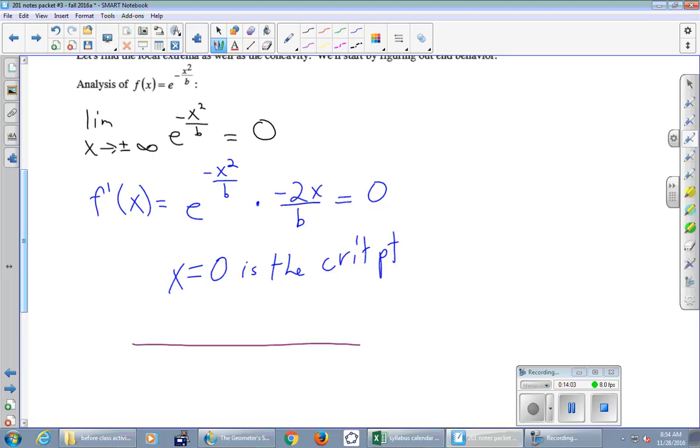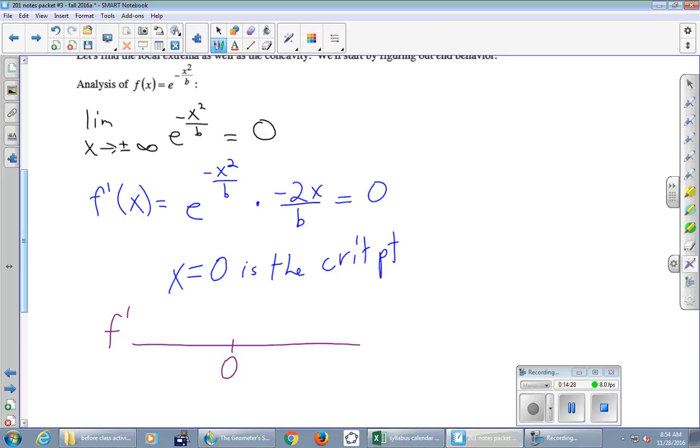Armed with our critical point, we're going to make a number line. We're doing a sign chart here. I'm going to pick numbers on either side of 0, plug them into which function, f or f prime? F prime. We're looking for increasing, decreasing here. That's f prime. Okay, so the analysis here can be tricky, but we'll just stick with it.